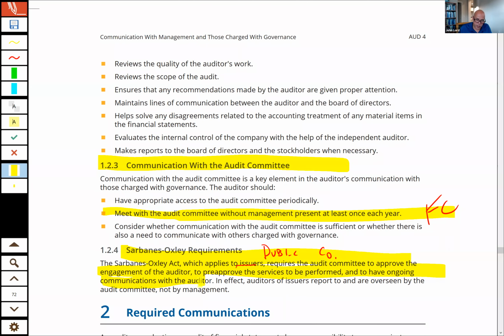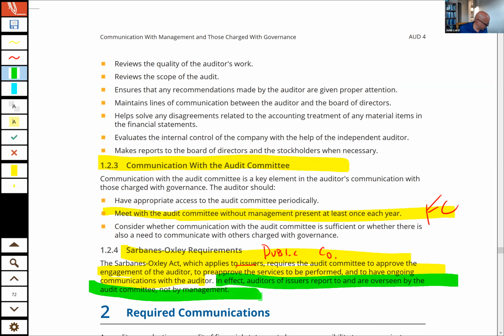That's why I said the thing about them consulting with outside accountants for complex accounting matters, that's got to run through the board of directors under Sarbanes-Oxley. They can't just go off and start hiring all kinds of different CPA firms to do different things for management. Can't. The audit committee has got to sign off on that. And so the audit is really overseen by the audit committee, not by management.